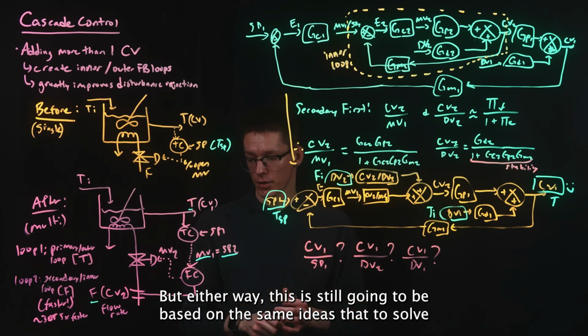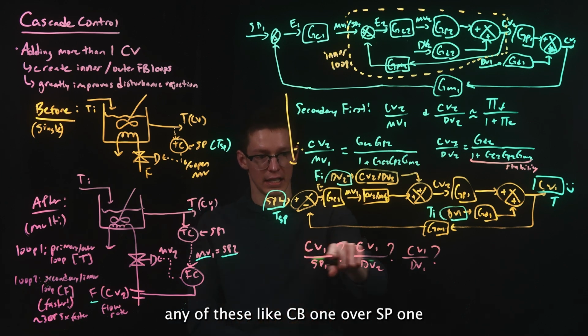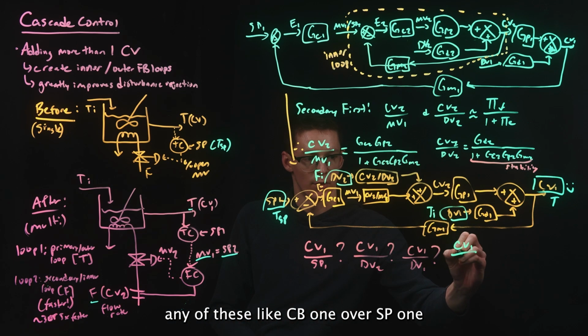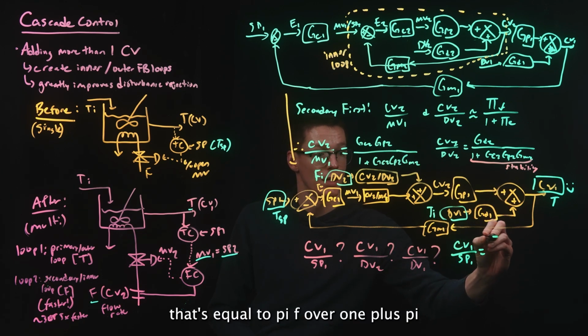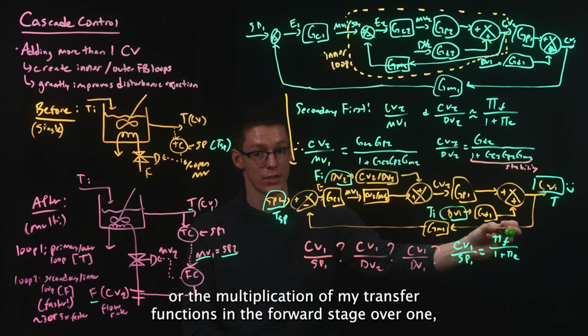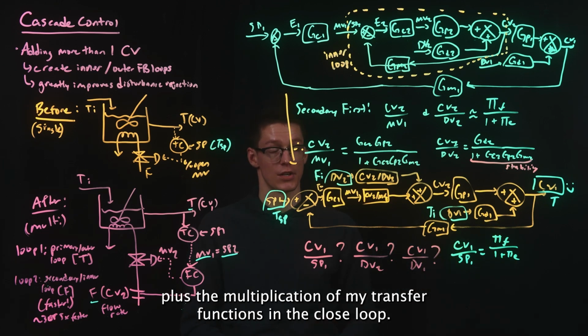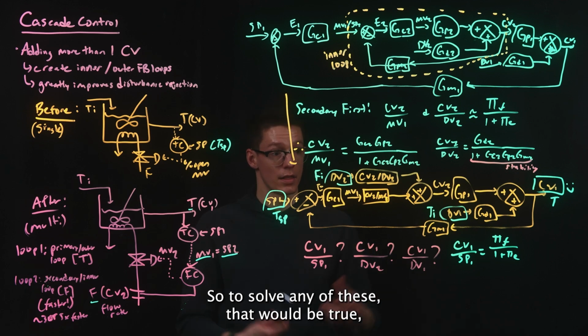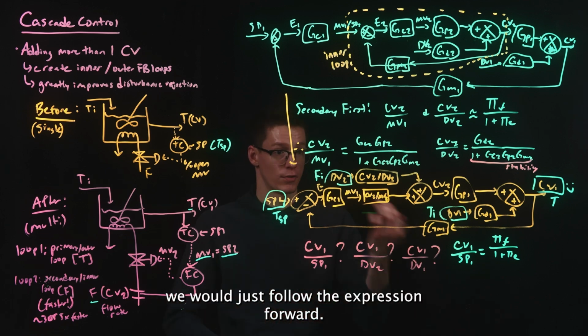But either way, this is still going to be based on the same ideas. To solve any of these, like CV1 over SP1, that's equal to the multiplication of my transfer functions in the forward stage, over 1 plus the multiplication of my transfer functions in the closed loop. So to solve any of these, we would just follow the expression forward.